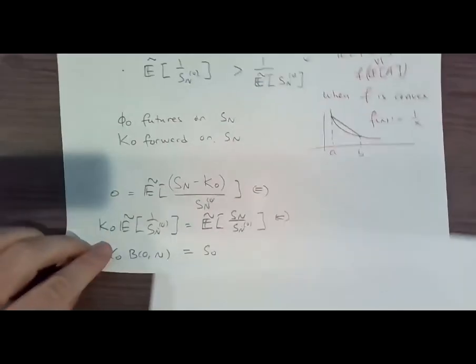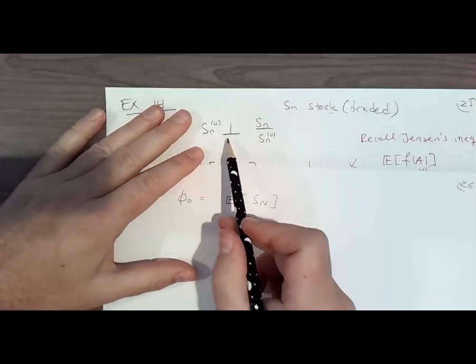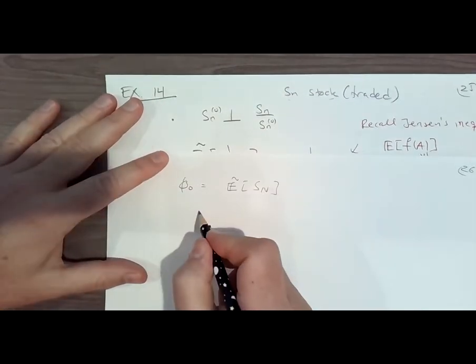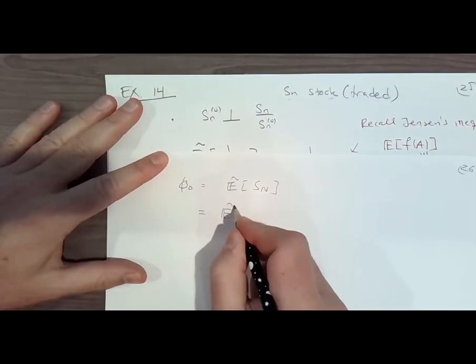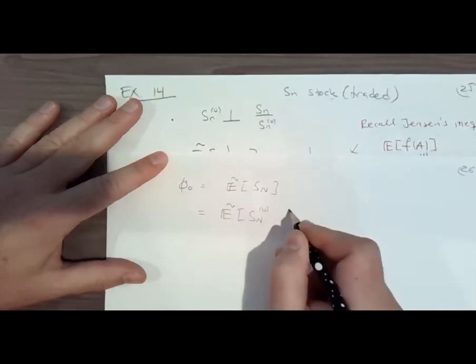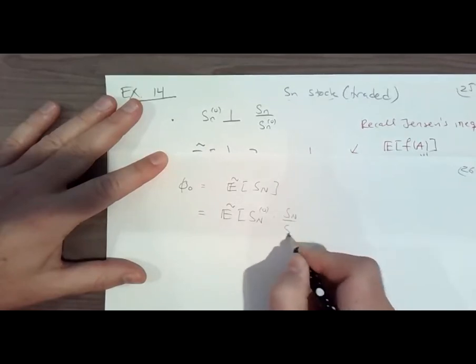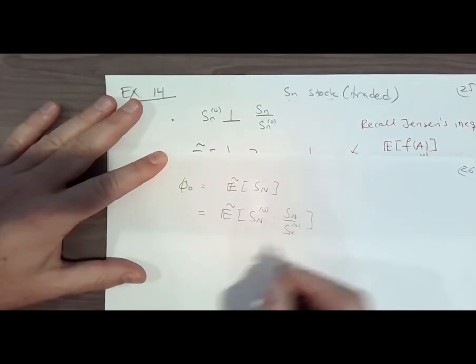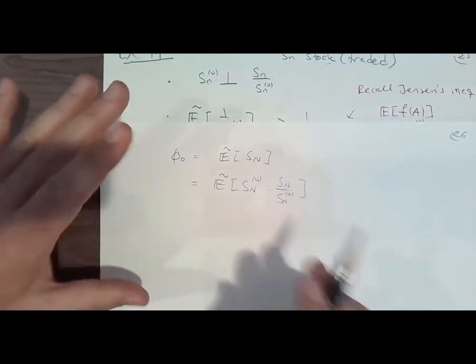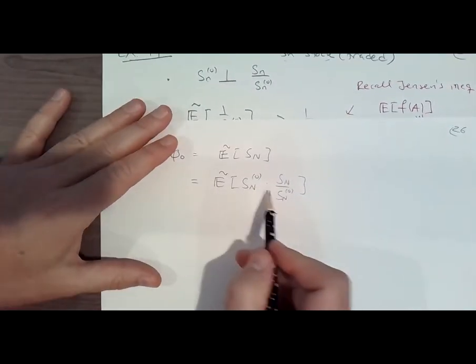So what comes to the rescue? Well, the thing that comes to the rescue is independence. So if I would write this here as Sn0 times Sn over Sn0, right, that didn't change a thing. This was all good. I just multiplied and divided by the same thing.